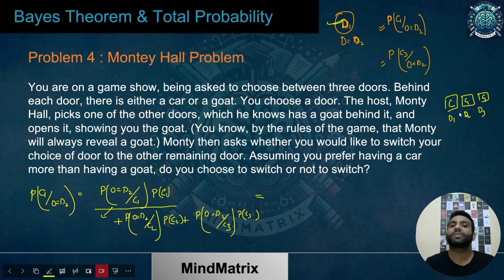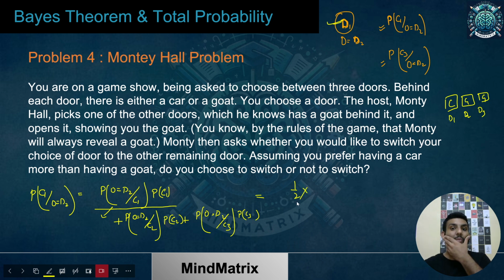The probability is 1 by 2, because whenever he opens a door, he will always be showing a goat. He will not be showing the car for sure. So he has to pick a door which has a goat behind it. Both the doors have a goat behind them. So the probability of choosing D2 in that case is 1 by 2.